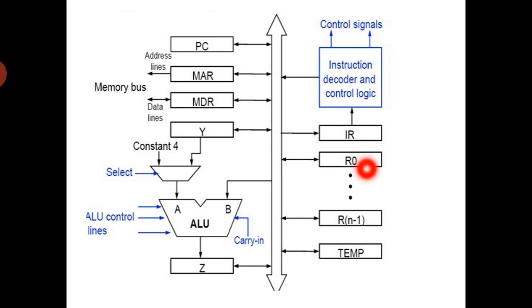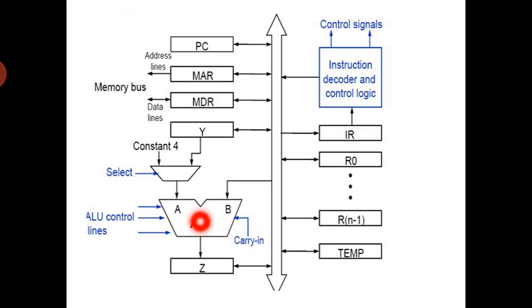Here, after the R0 register we will have one more register, R1. The data present in the R1 register has to be transferred as one of the operands to the ALU, either the A input or the B input.